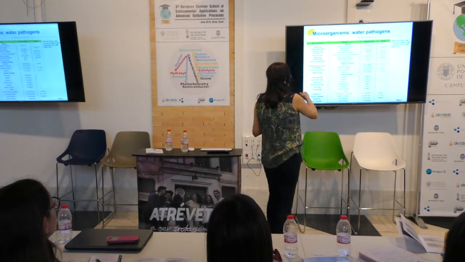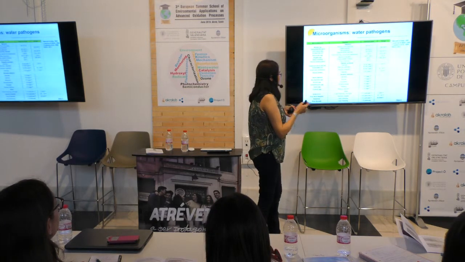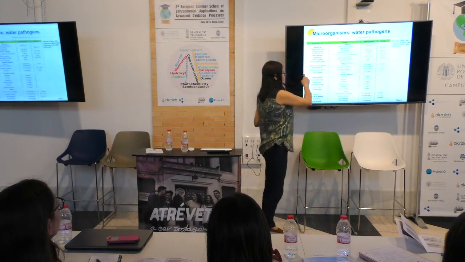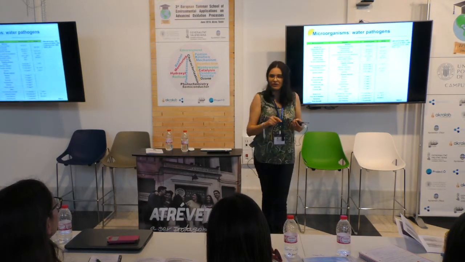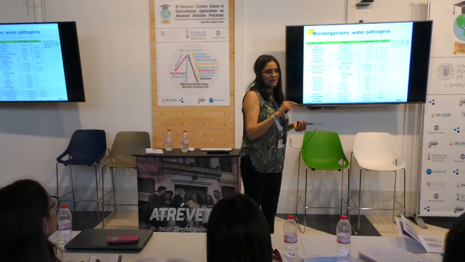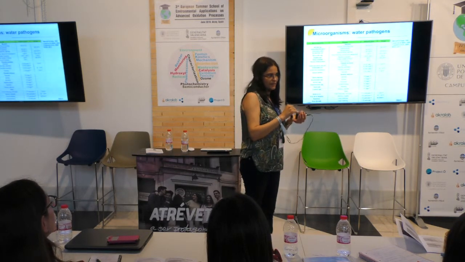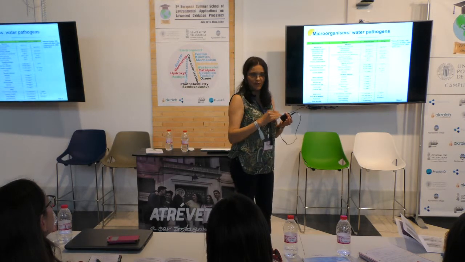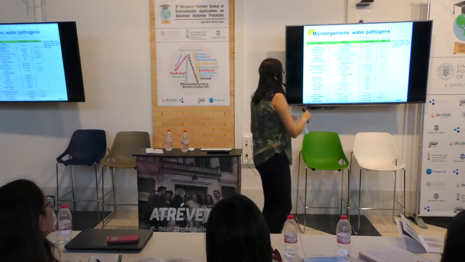Other microorganisms like Salmonella, Shigella, Yersinia enterocolitica, and parasite protozoa like Cryptosporidium parvum and Giardia lamblia are also commonly included in all these regulations as parameters to be followed in the water, and to establish the limit for which the water can be used for one use or another.